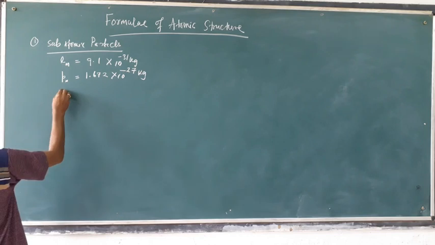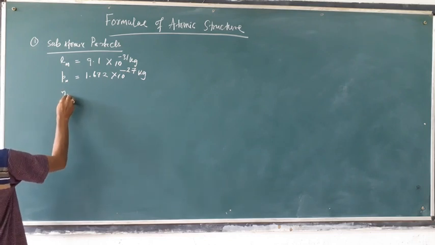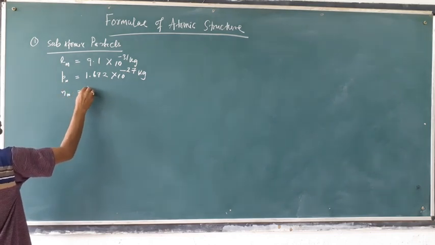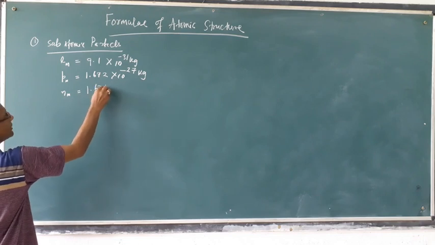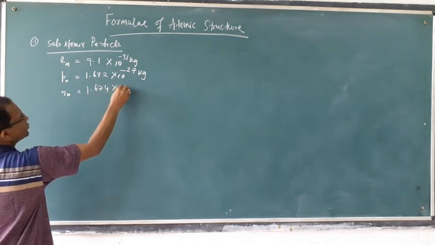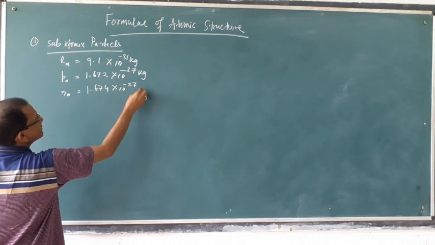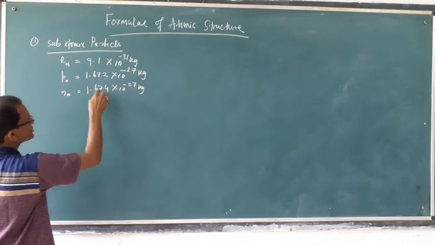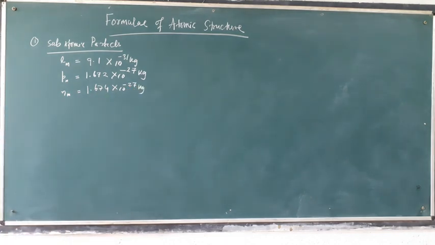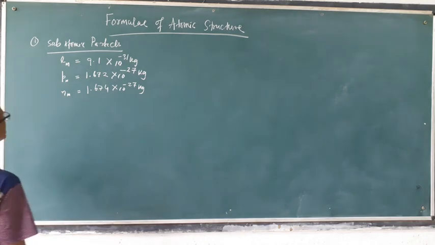Then neutron mass, Nm, is equal to 1.674 into 10 to the power minus 27 kg. Just a point something greater.